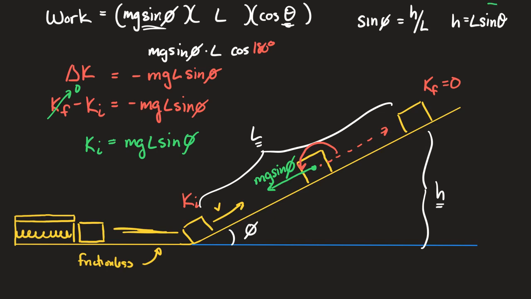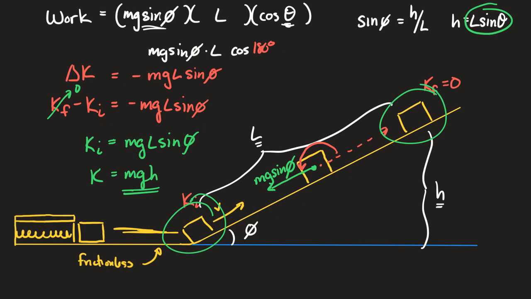Well, remember, L sine phi is h. This is saying that the kinetic energy at the bottom is equal to mgh. Not a surprise, right? Conservation of energy. That the box's kinetic energy here will equal the gravitational potential energy there.